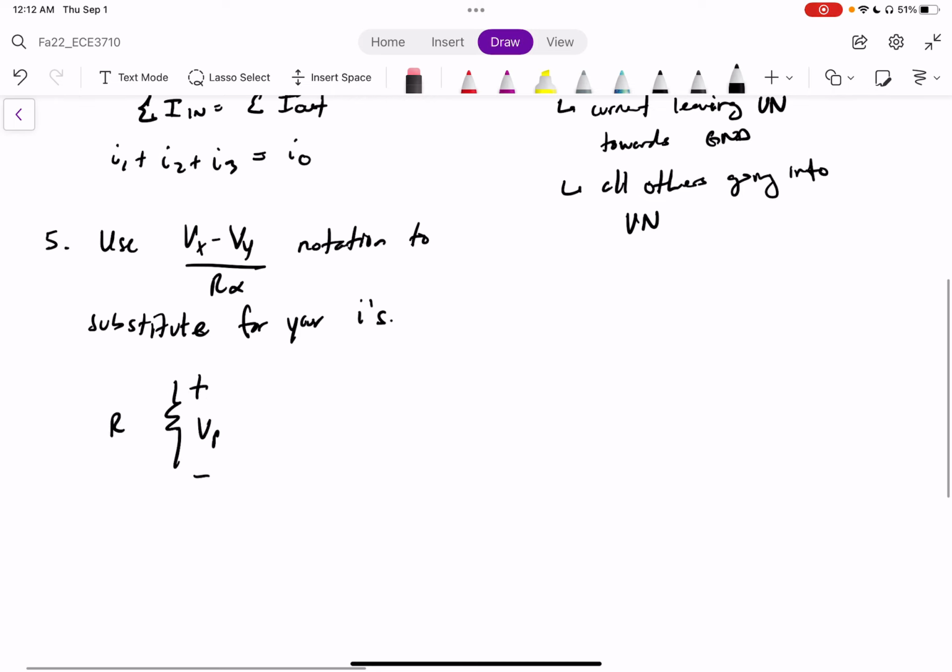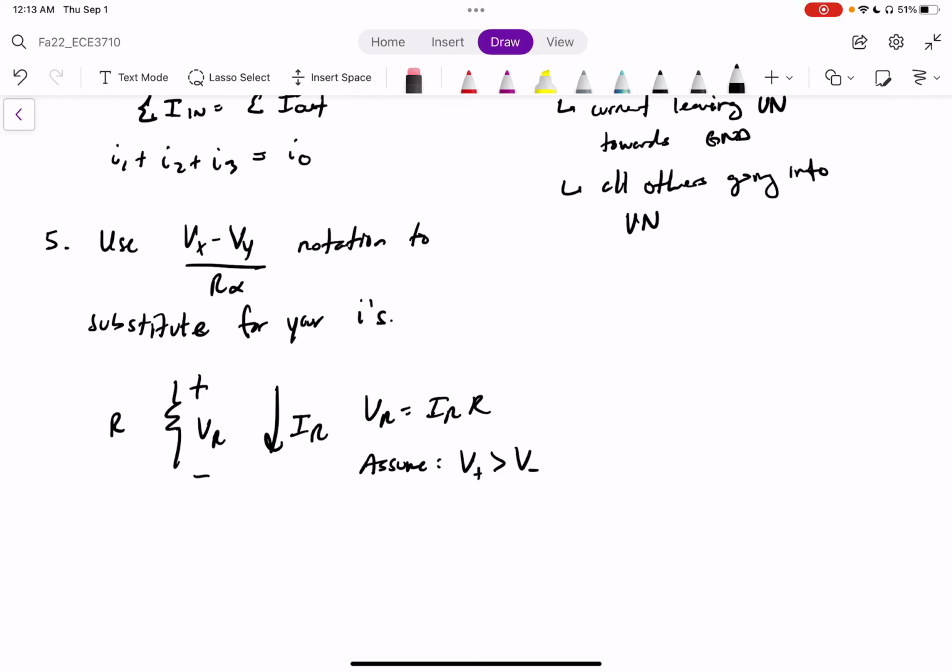Using Ohm's law, in this notation, VR is equal to IR times R. Electrical engineers, in this drawing, we assume that the positive terminal voltage is greater than the negative terminal voltage. Let's give it some names, A and B. So we assume VA is greater than VB.